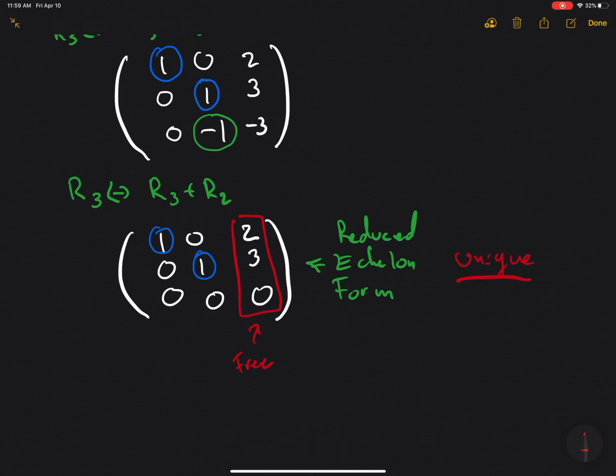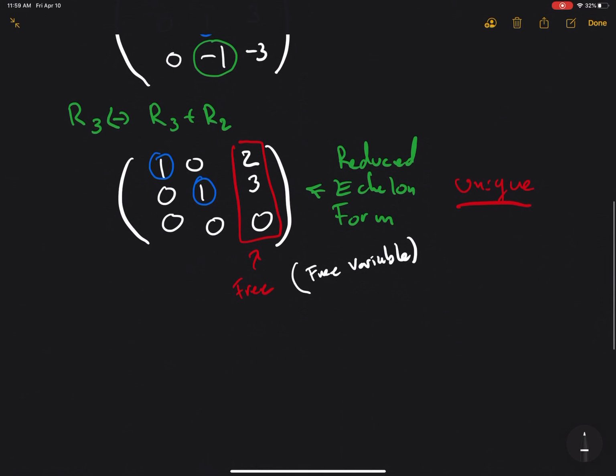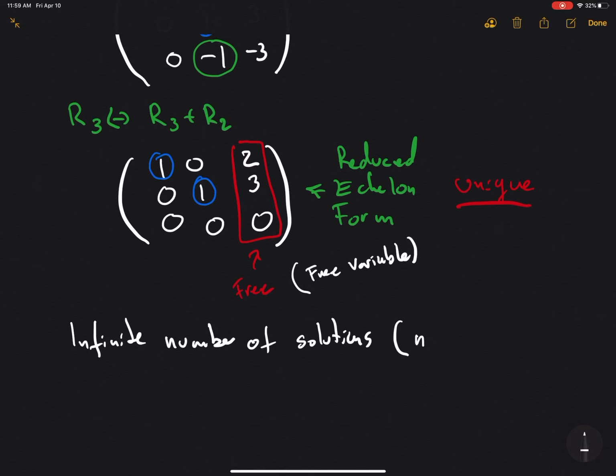This means that I can relate that last column as a free variable, which tells me that I actually have an infinite number of solutions. This is going to be a free variable. Every time that I have a row of zeros, this implies that I have an infinite number of solutions. And this really means that I have non-trivial solutions.